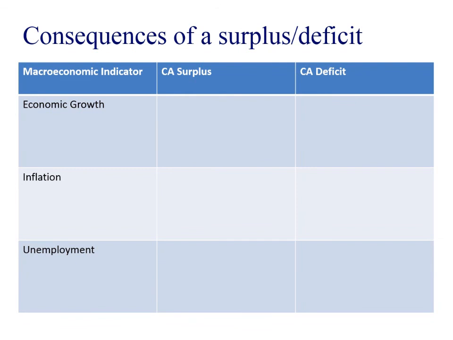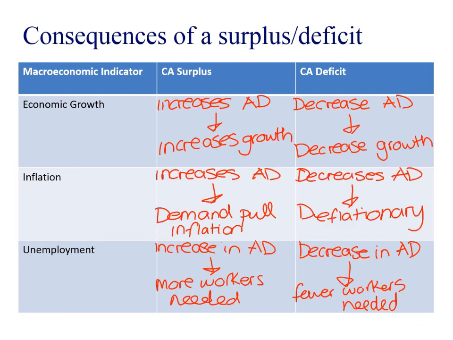Okay, consequences of a surplus or a deficit. So economic growth: consequences of a surplus. It increases aggregate demand. I'm going to show you this on a slide in a second. But if you just go with this at this point, it increases aggregate demand, so we get increasing growth or real GDP. A current account deficit should decrease AD, so a decrease in real GDP, so negative growth maybe.